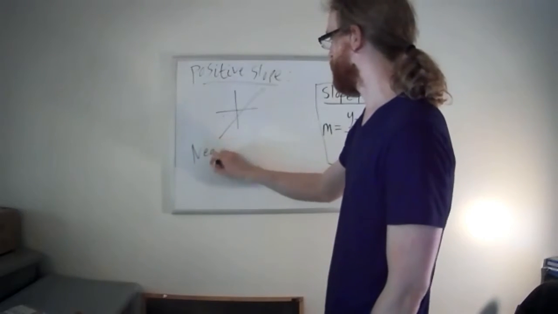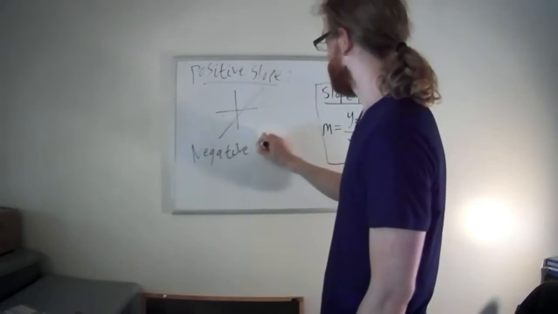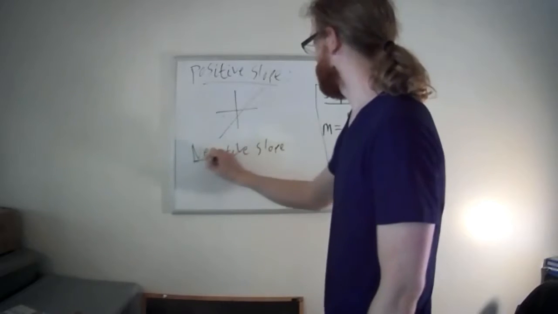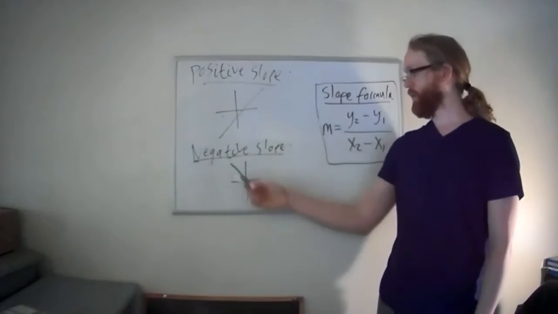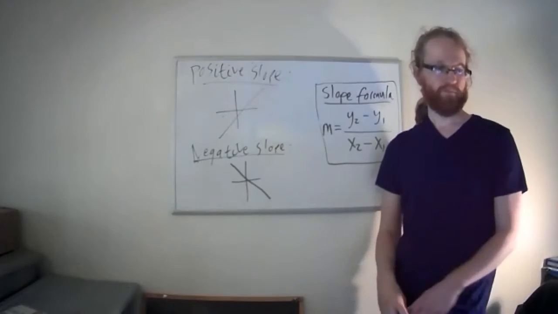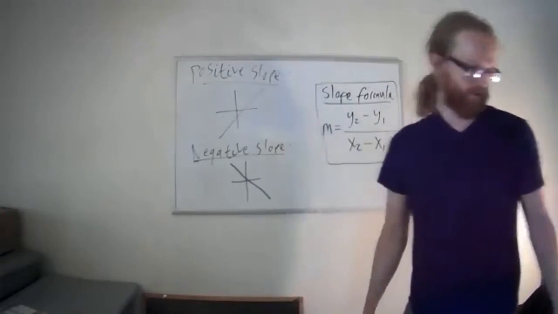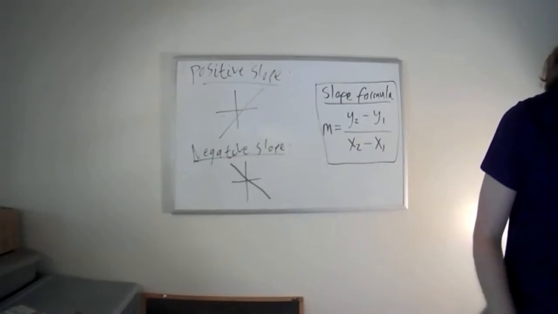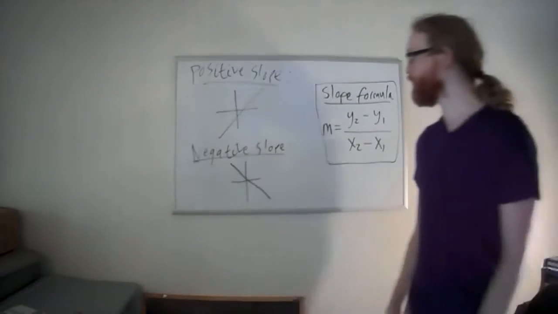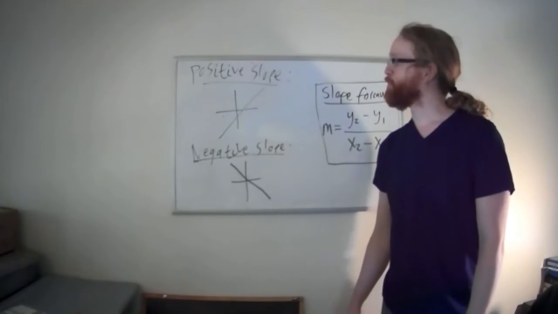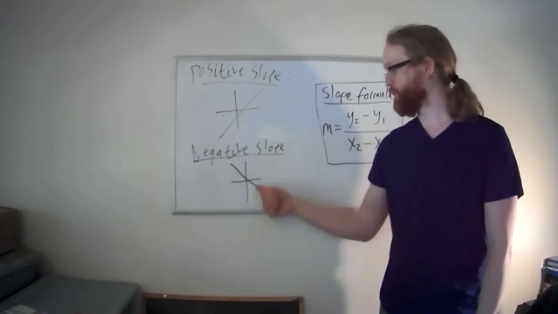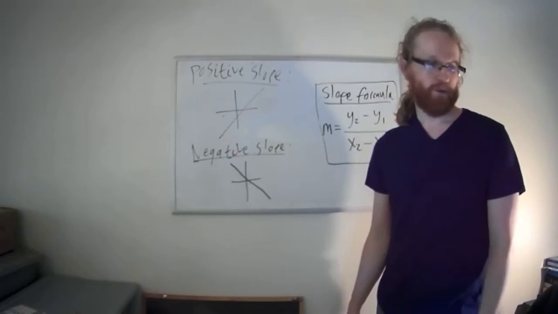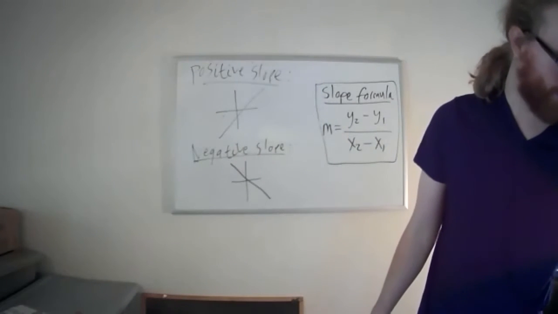And for negative slope, it should do the opposite. It should go down as you move to the right. So that's a good check for yourself when you do any work. If my line looks like this and you're calculating a slope, it should be positive. And if it's like this, it should be negative. So that way you can check your work.